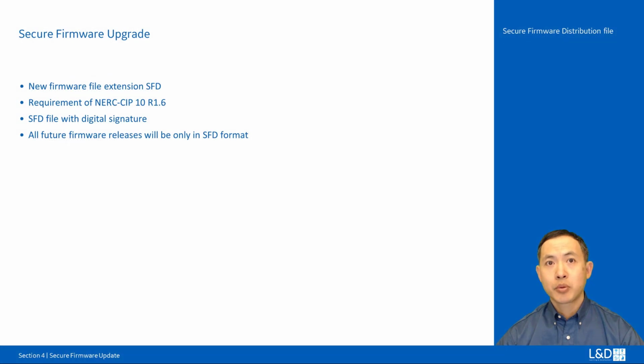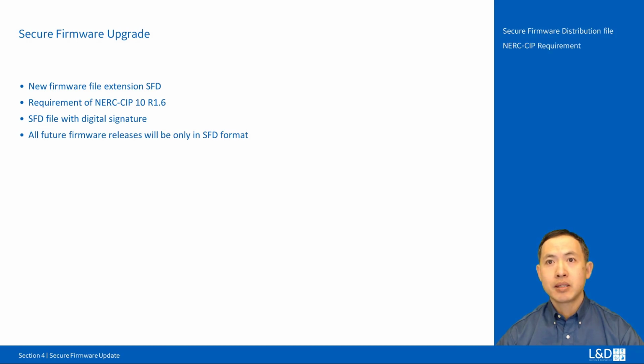Secure firmware upgrade is a means for the customer to verify the authenticity of the firmware binary. From UR790, all the firmware file extension name will be SFD, Secure Firmware Distribution.